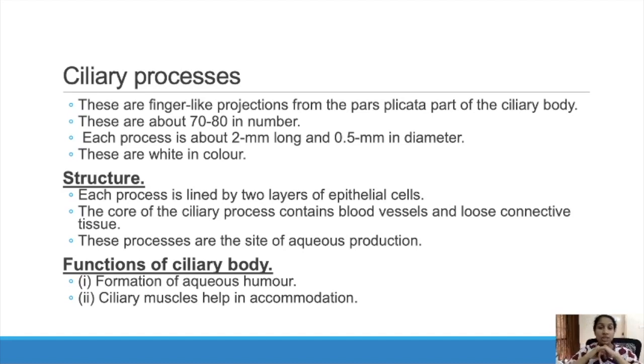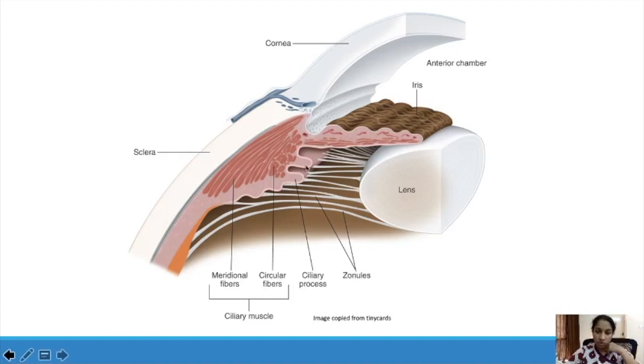So ciliary processes are nothing but finger-like projections in the pars plicata of the ciliary body, 70 to 80 in number, white in color, and each has 2 layers of epithelium. They contain blood vessels and connective tissue, and the main functions are production of aqueous humor and also helping in accommodation. In this picture you can see the pars plicata and the ciliary processes.